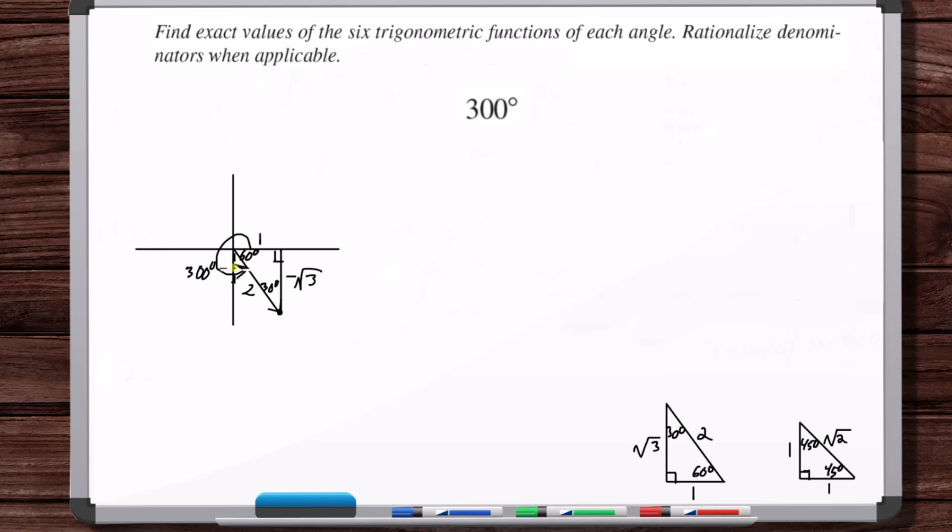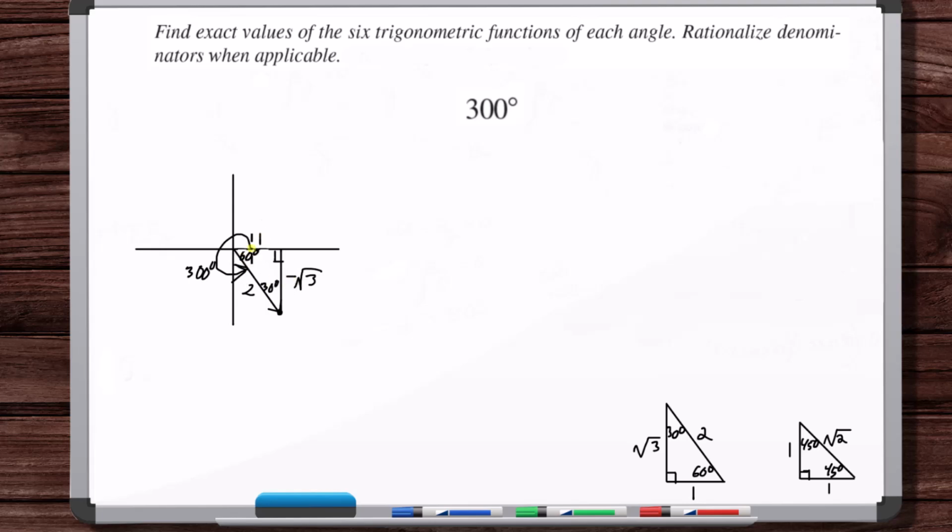Like, we don't care that it's 60. You know what I mean? Like, we could effectively, now that we have the side lengths, this angle is irrelevant. We're not thinking what's cosine of 60. No, this is what's cosine of 300, right? That's what I don't like about the reference angle, because you only potentially need it to get the side lengths.